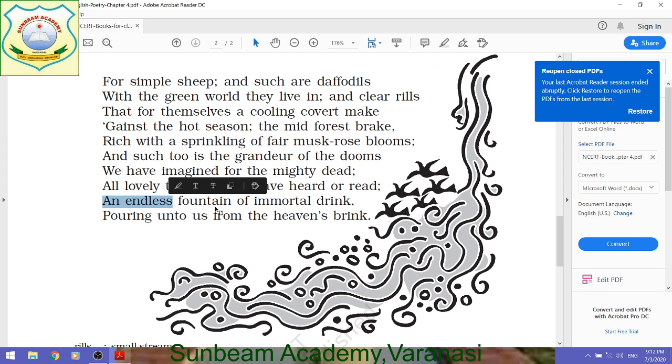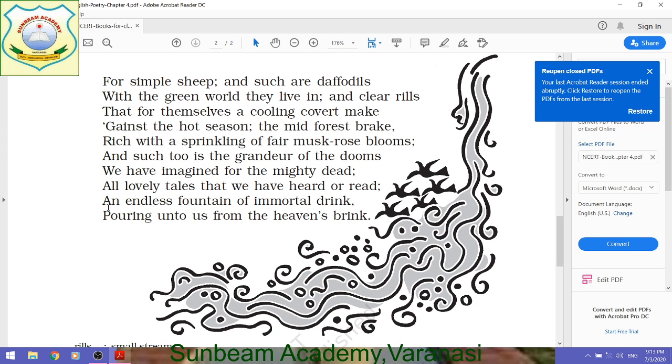This is because in board examinations the questions from these two lines have already been asked, and still they are always important. The poet has used a beautiful imagery in a metaphorical way to tell of an endless fountain of immortal drink.